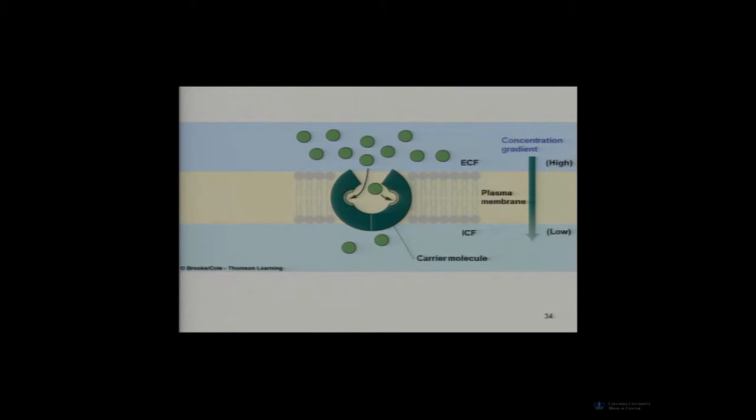So if the concentration gradient switches, many of these protein carriers will change the direction of movement. Some of them are like revolving doors that will move in either direction depending on the concentration gradient.